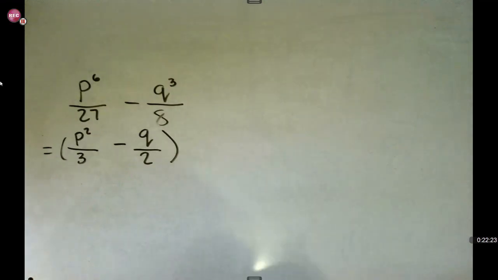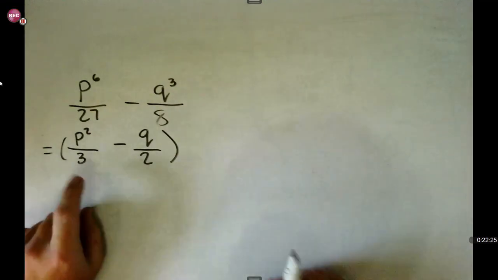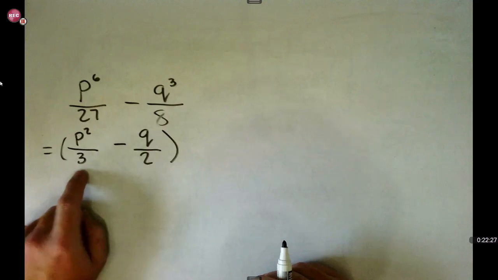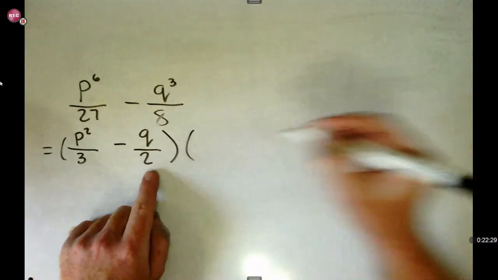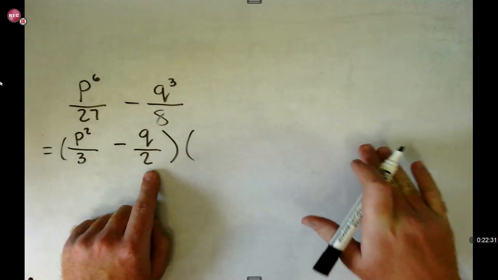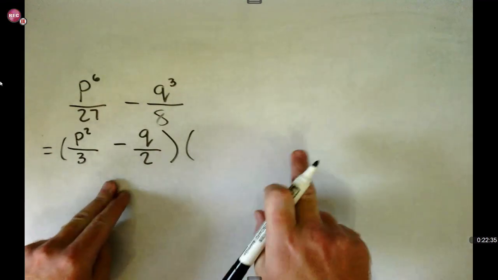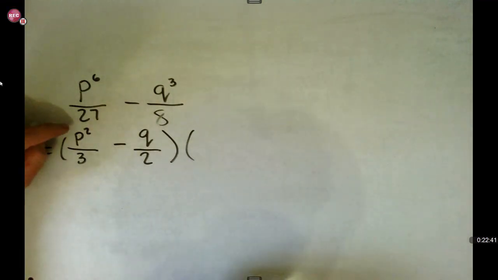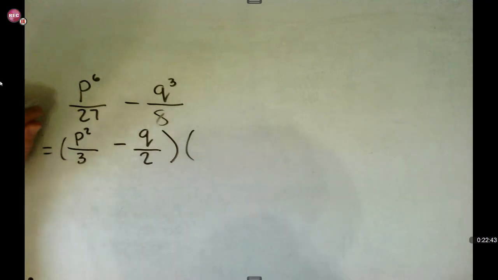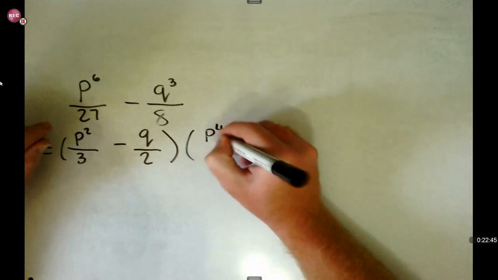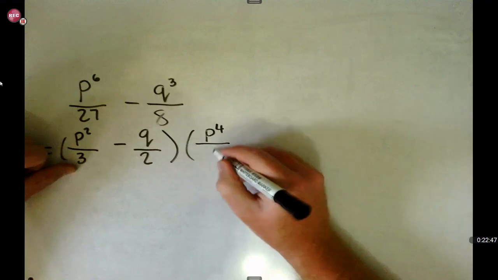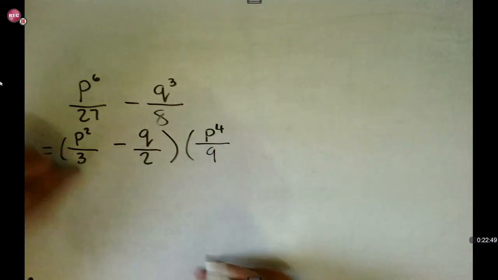Okay. Now, we need to take this first term and then obviously the second term to create the first and the last term of the second bracket. And then obviously multiply them to create the second term. So, p squared multiplied by p squared will give me p to the power of 4. 3 times 3 is 9, so there's your first term.